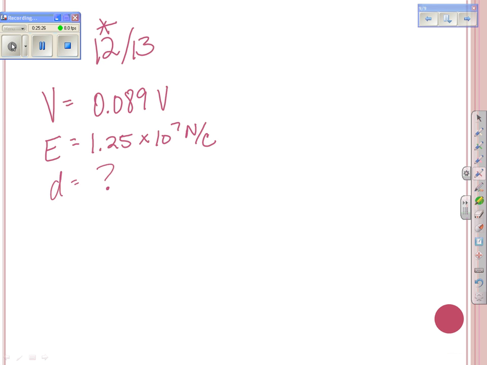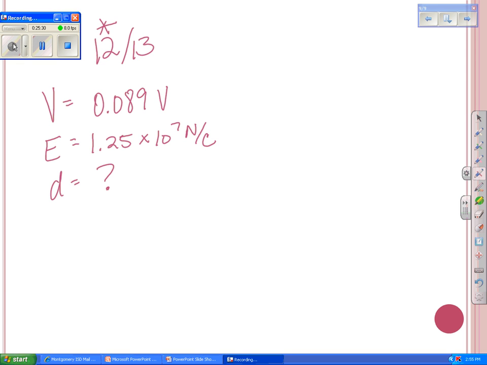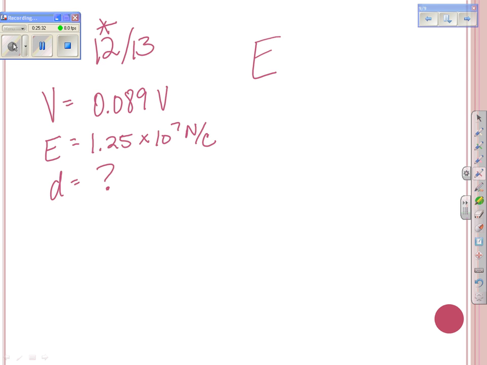There's a formula that says that electric field equals the potential difference divided by the change in distance, or the separation between plates. So we're going to do the separation between the inside and the outside of the cell.